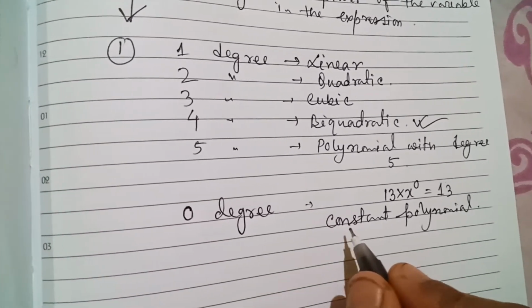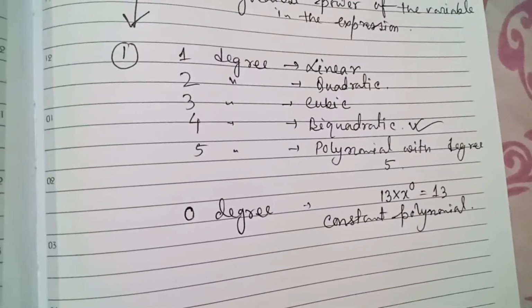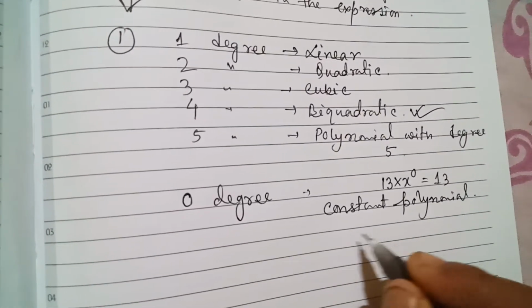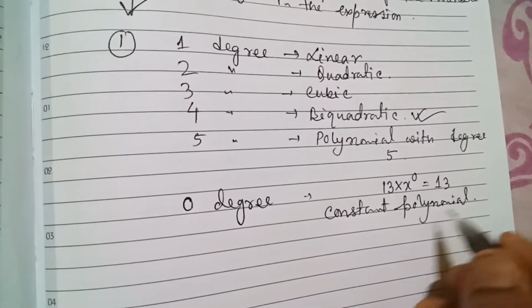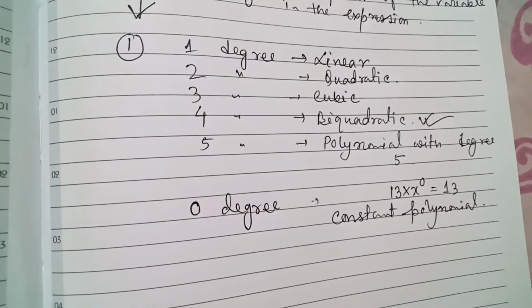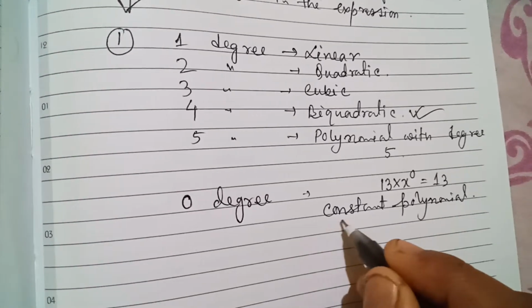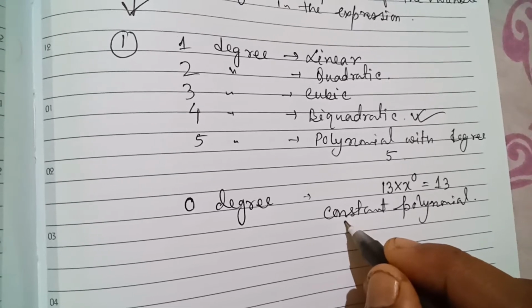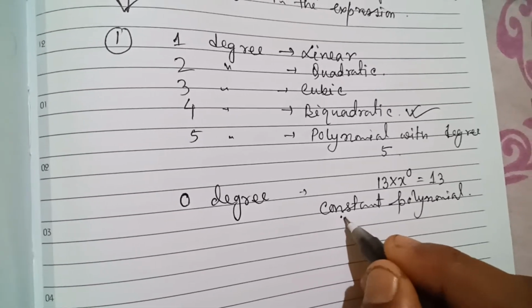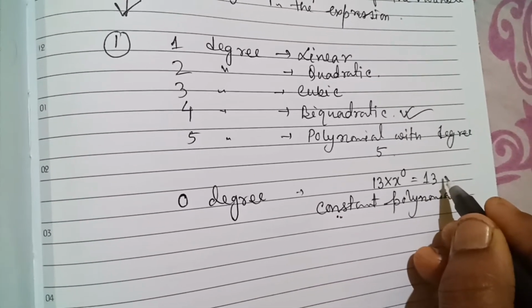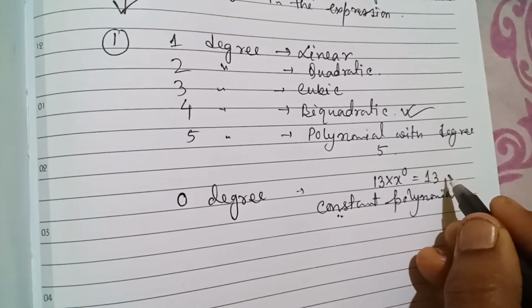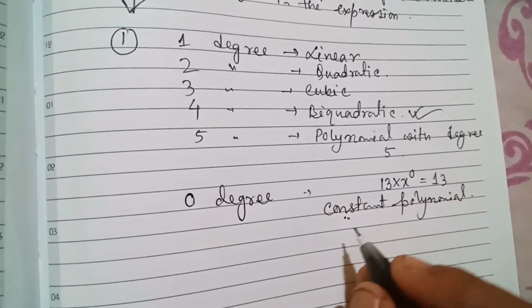So the examples of constant polynomials everybody can make. Any constant number you take will be a constant polynomial. And obviously there is a special feature, just to remember: a constant polynomial will never have the variable with it. Okay.